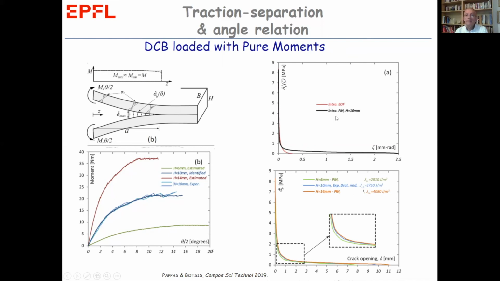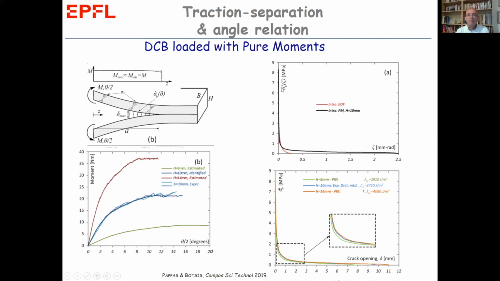The red line here is the corresponding curve for a specimen loaded under end opening forces. So you see here quite a bit of a difference between these two loading configurations of a DCB.